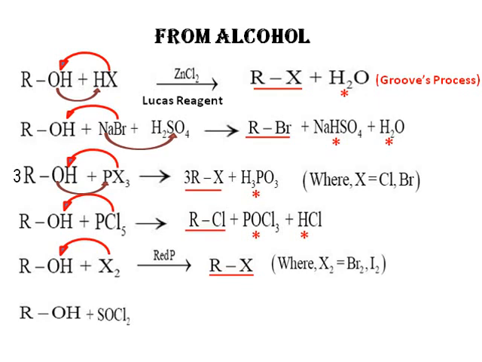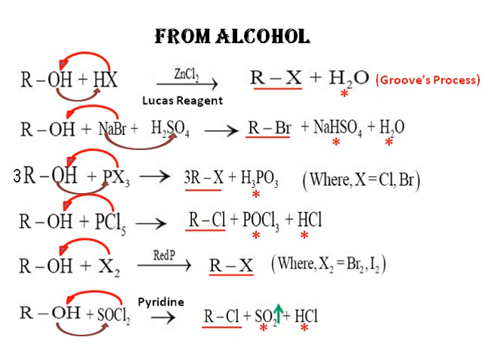In the next process, alcohol reacts with thionyl chloride to produce alkyl chloride, sulfur dioxide and hydrochloric acid in presence of pyridine. Now here chloride replaces hydroxide ion to produce alkyl chloride, and due to the presence of sulfur we get the sulfur dioxide and hydrochloric acid.